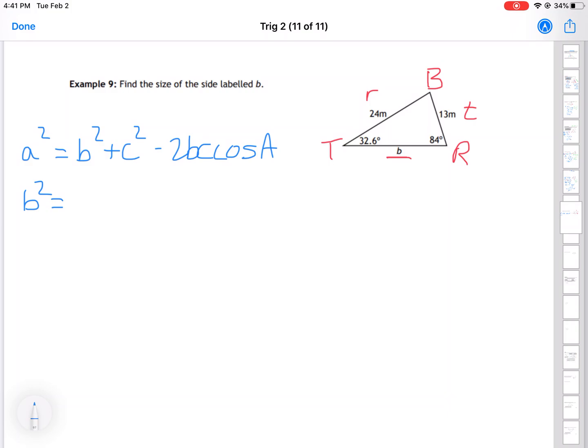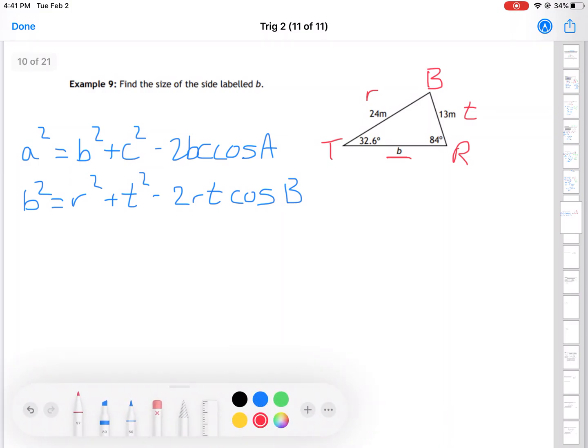So it's R squared, plus T squared, minus 2RT cos, not A anymore, it is B. So our A's have been replaced by B's, B's replaced by R's, and C's replaced by T's. That is before I've done any of the substitution with the numbers, just because I've got different letters there. So that's why I've used those different letters to show you how that would work.